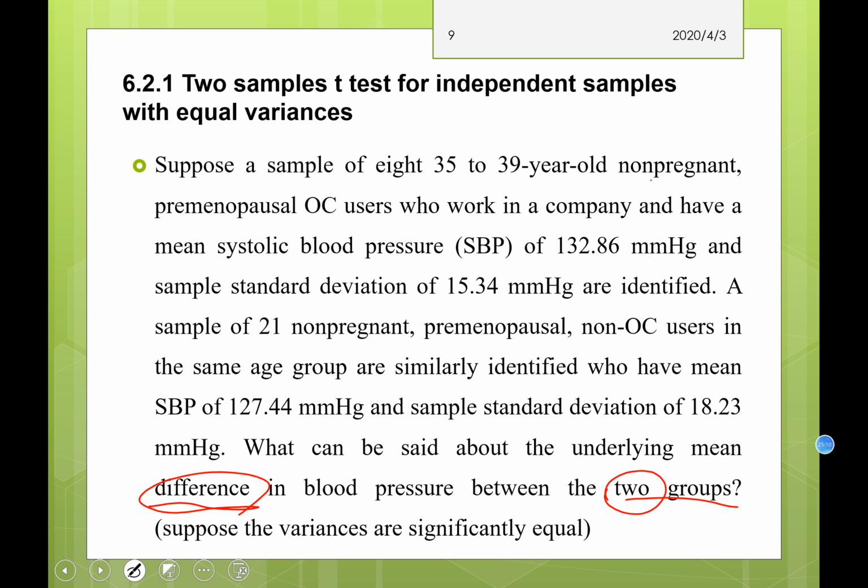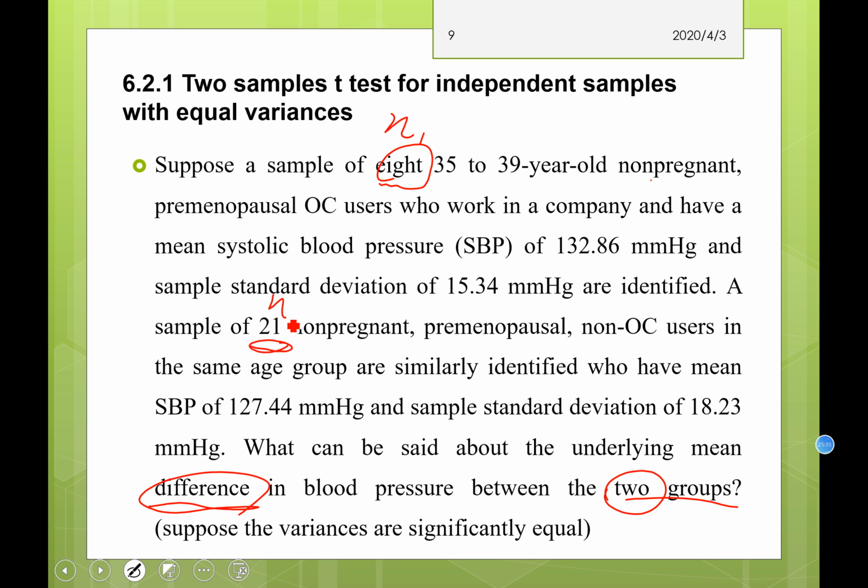Let's go back to the question. Can we find two sample sizes? Okay, we can read it. Suppose a sample of 8. So this is the first sample size, right? This is N1. And another one, oh, it's here, a sample of 21.